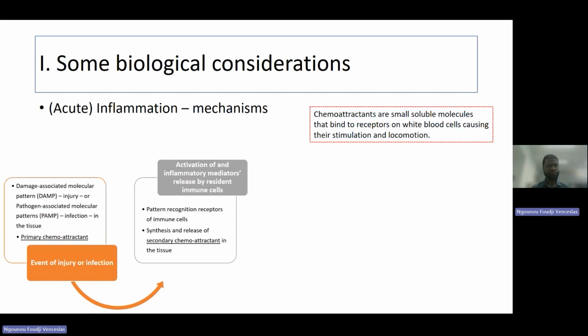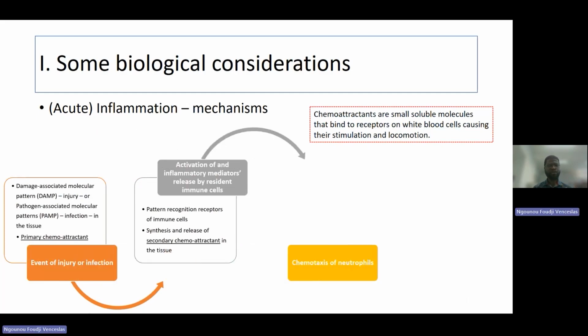Once activated, the immune cells will secrete and release in the tissue inflammatory mediators, among which we have the secondary chemoattractants. We will only focus on the secondary chemoattractants here because this is the one that is important in the process that we are modeling.